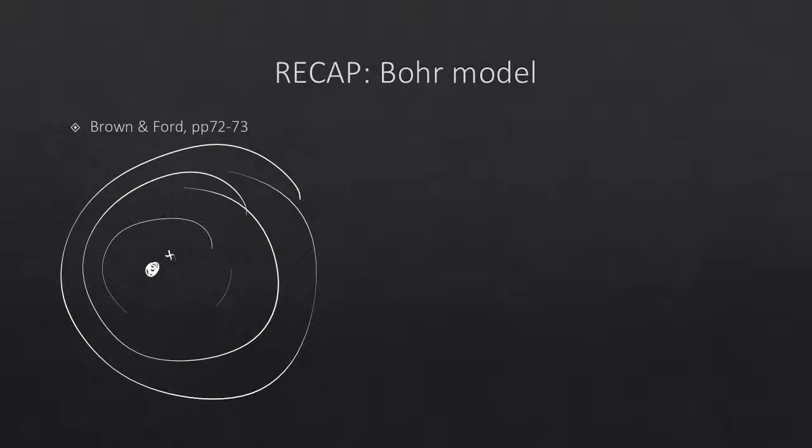We have our Bohr model of the atom. Remember, the Bohr model was the one that had our nucleus in the center. Our nucleus has that positive charge, and then the rings of electrons around it.